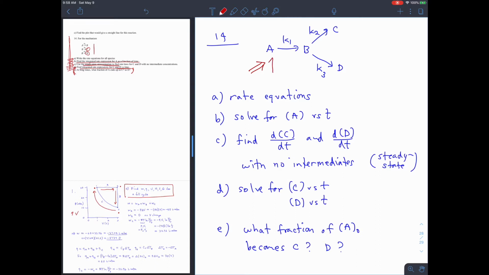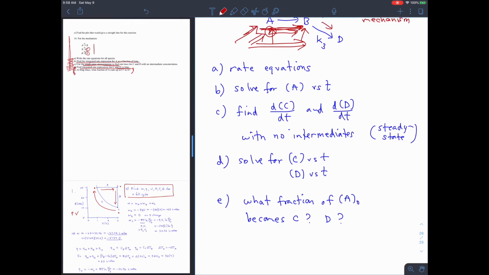There's some initial reactant A that turns into a B, and then the B can go to either C or D. In other words, it's the branched mechanism that we talked about before, but with a little pre-step in front of it. So we don't start with B and then split into C and D. We start with A, which then creates B and then gets split. And the question is, is there anything new that shows up because this is a slightly more complicated mechanism than the branched mechanism above?